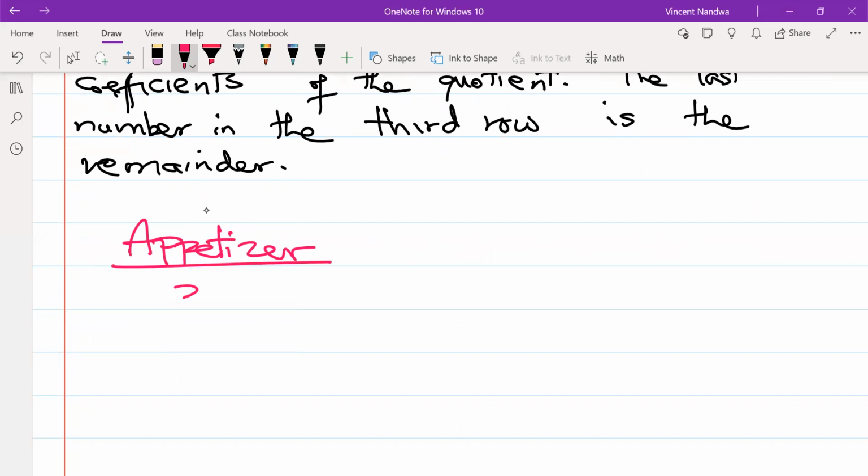Let's repeat this problem that we have just solved in the previous session. What is the quotient in x cubed minus 8 over x minus 2? The first question you ask yourself: does this problem qualify to be solved by synthetic division?